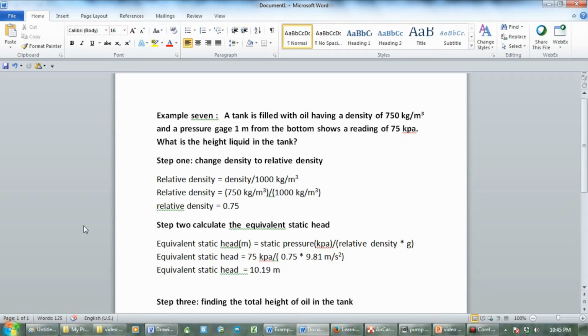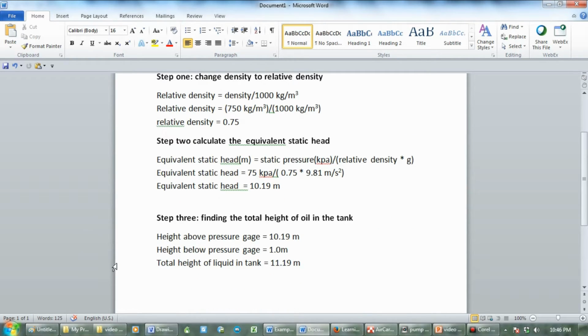Equivalent static head in meters equals the static pressure in kPa divided by the relative density times g. Equivalent static head equals 75 kPa divided by 0.75 times 9.81 meters per second squared. Equivalent static head is 10.19 meters.